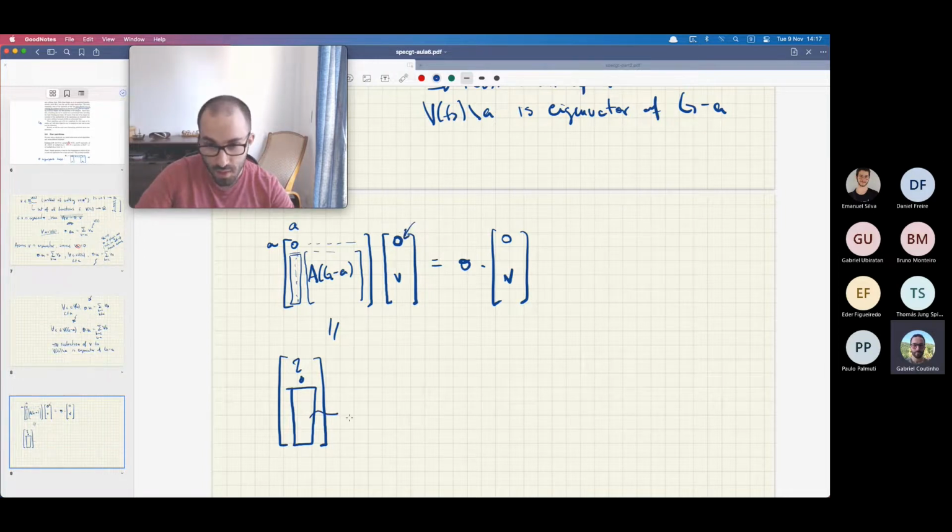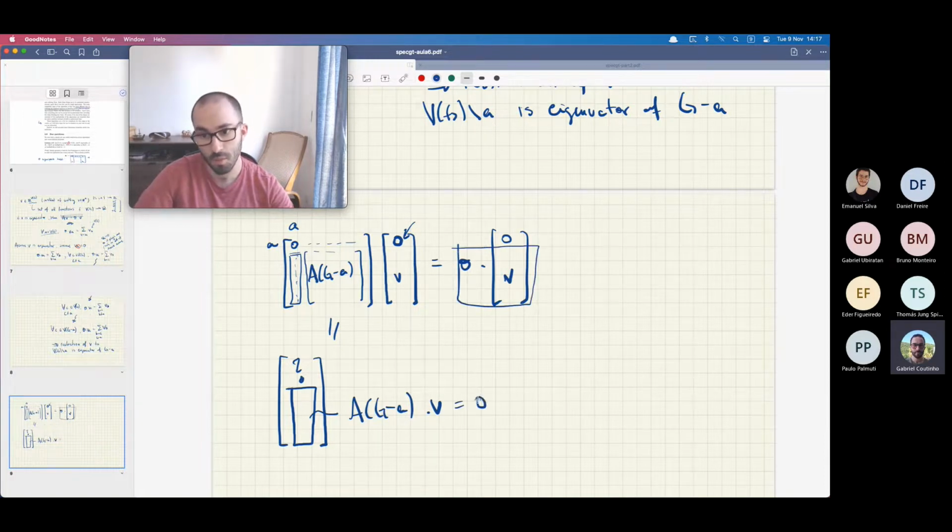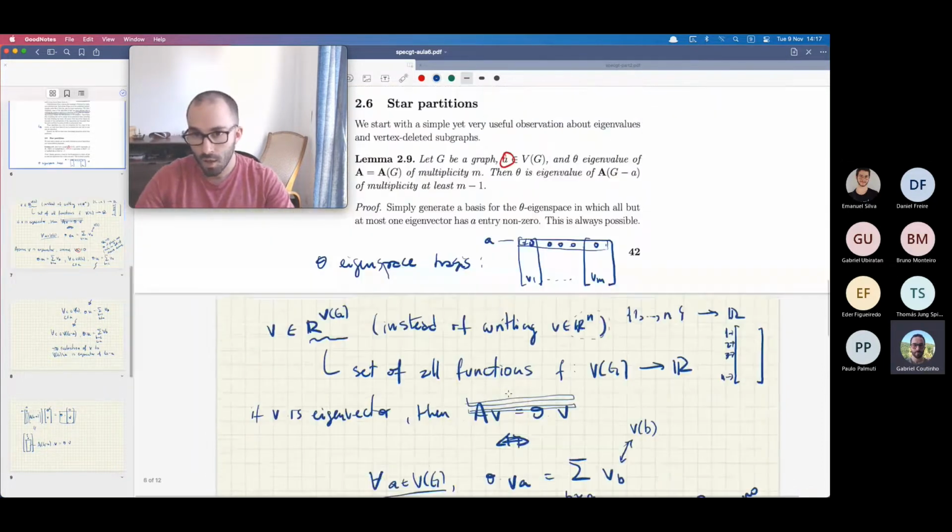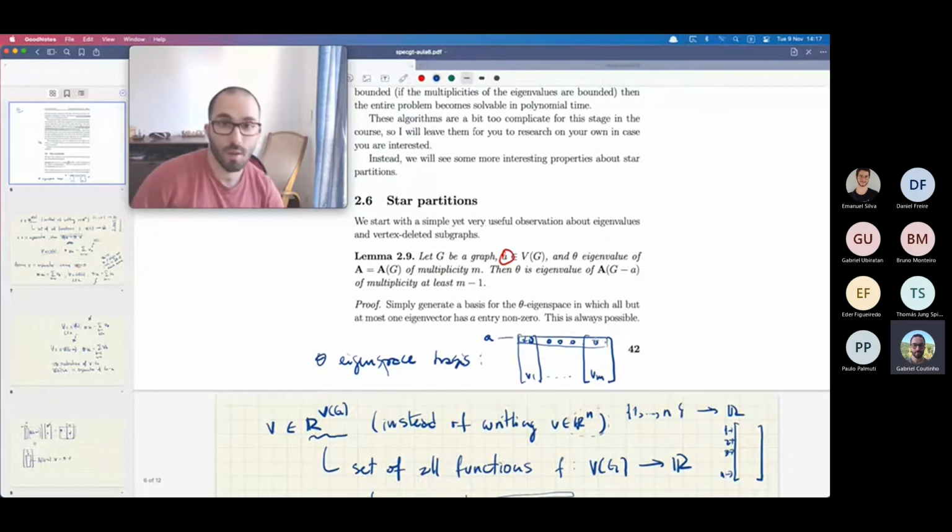So this thing here is precisely A of G minus A times v, and this is equal to theta times v. So this is also a way of seeing the same fact: if you have an eigenvector with a 0 entry, the restriction of that vector to the remaining vertices is an eigenvector with the same eigenvalue for the graph with that vertex removed.